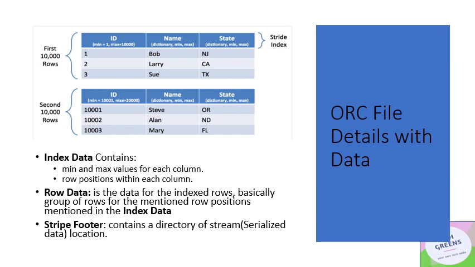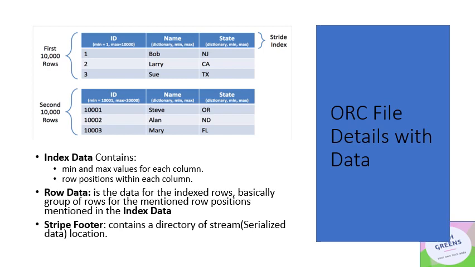And if you see at the top, that is your stripe index, and it has the index information, index data. If you see at the top of a column like ID, below that you will have min and max values, that is the index data for that stride. It also includes the row positions for all the different rows that are part of that particular stride, right?